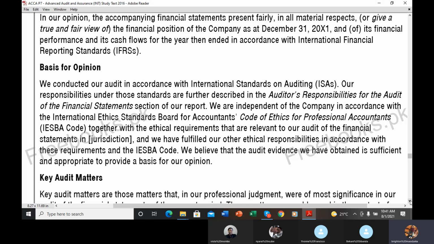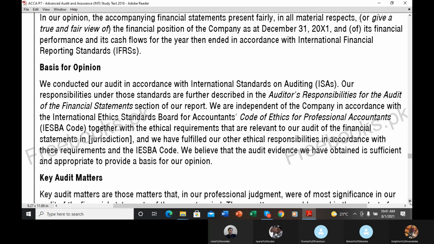So under basis for opinion paragraph, the auditor should clearly tell the stakeholders that you have conducted the audit in accordance with the ISA standards. You should clearly indicate that you are complying with international standards on auditing in carrying out your audit, isn't it?